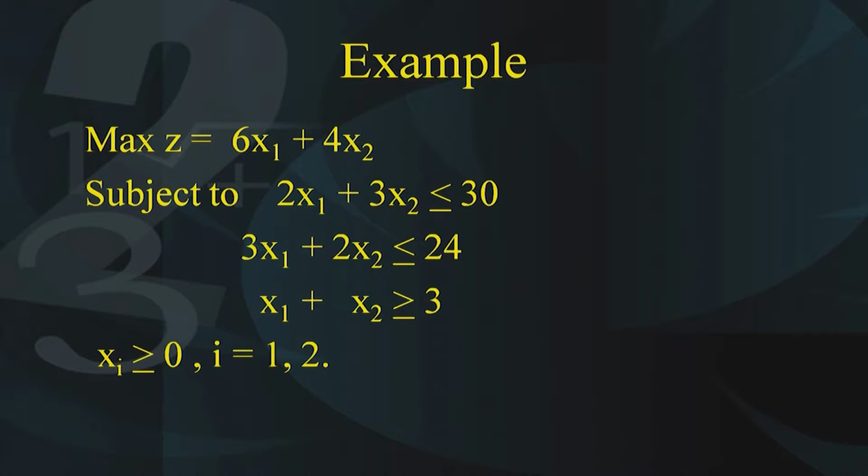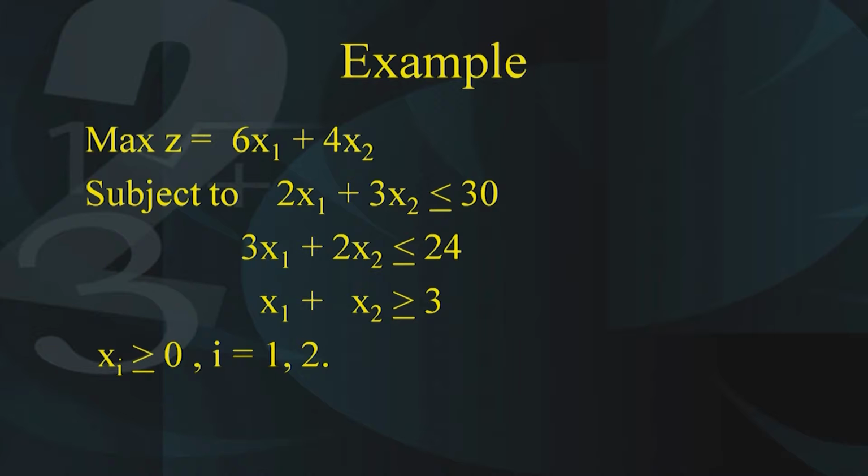Just look at the various coefficients and the coefficients of the objective function. Can you see some method by which you can tell that the problem has multiple solutions? Yes, you can.